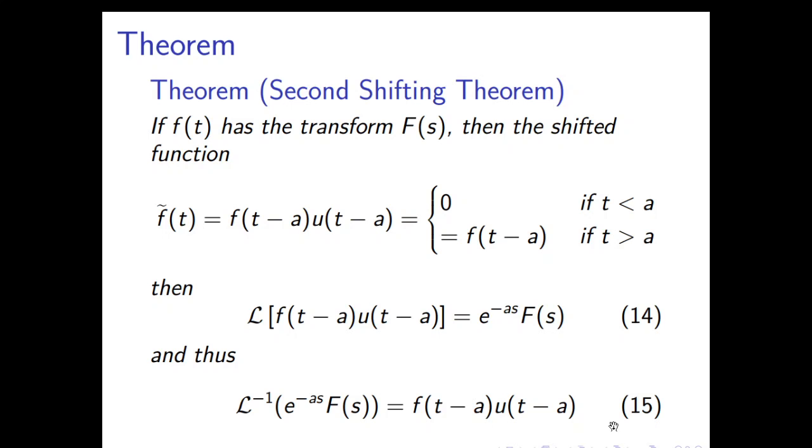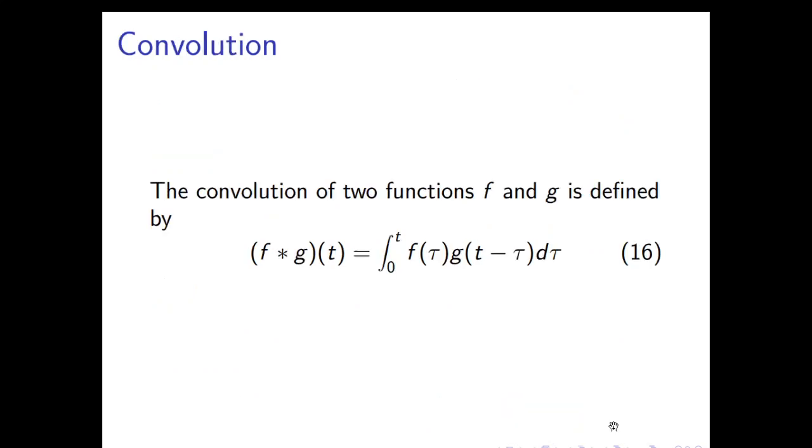And while we are looking for the inverse Laplace transform of some functions of the form e raised to minus as into F of s, where F of s is the Laplace transform of f of t, then the inverse Laplace transform is given by f of t minus a into u of t minus a. The result given in equation number 15 is very much important. That result can be useful in solving problems.